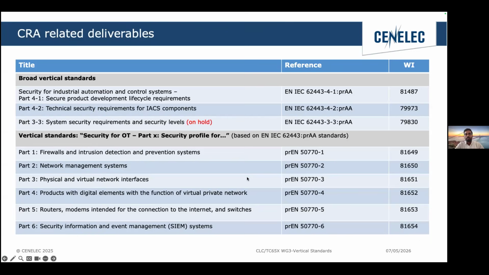So they cover not the default products, but particular product specifics. For example, dash one is for firewall network management, so they don't cover the default products. For the default products, 4-2 is the broad vertical. You can just apply them. Right. Thank you. I have nothing to add.